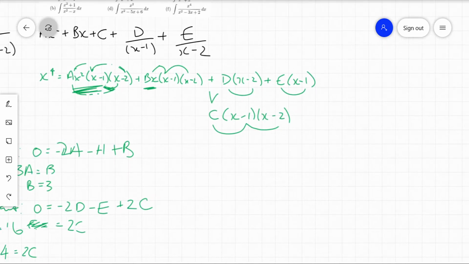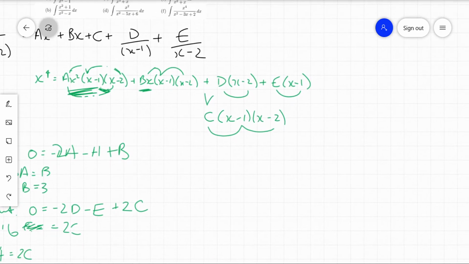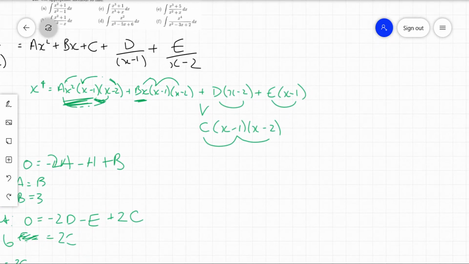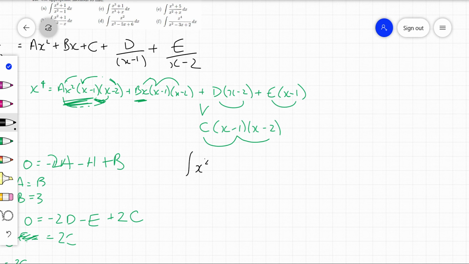Alright, so now putting all that together. It's difficult when you can't see it all, but we will try. Alright, so we're integrating ax squared, and a is 1, so x squared dx. We're integrating bx, d is 7. Sorry, c is 7.